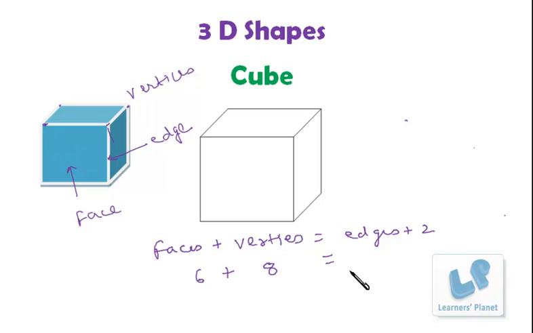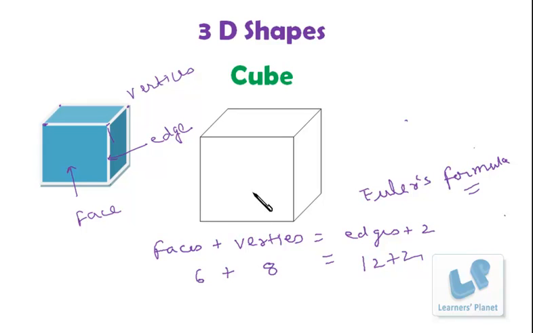So they will be 12. So this is a relationship among faces, vertices and edges, and we call it Euler's formula. If anything is unknown, you can find that out. You can just visualize the shape and find out the faces, vertices and edges.